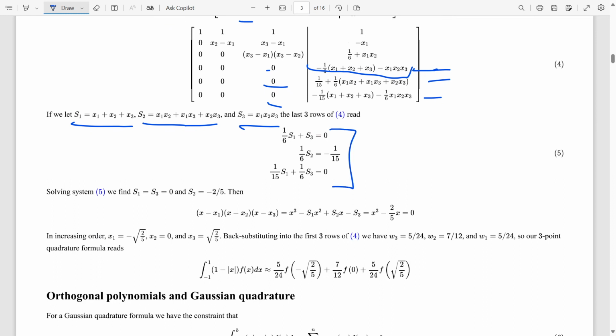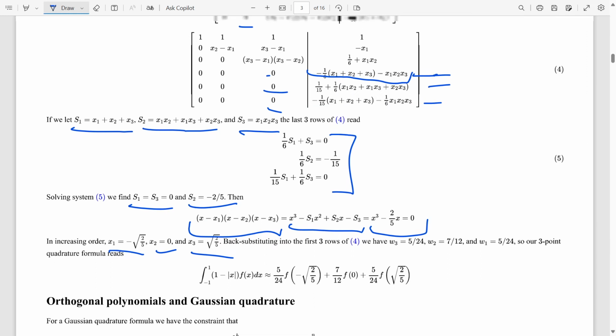We can solve these, and then use the fact that the monic polynomial with zeros at x1, x2, and x3 has coefficients that are plus or minus s1, s2, and s3. To get this equation, we can solve for x1, x2, and x3. So there's our x1, x2, and x3, and we're going to write those in increasing order.